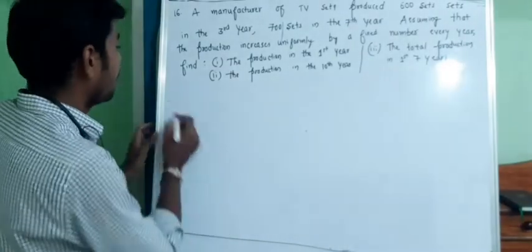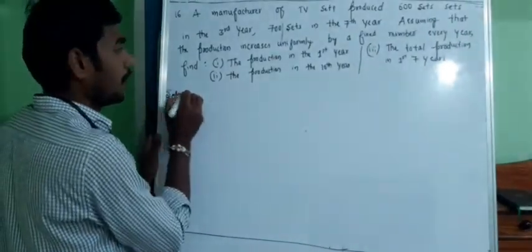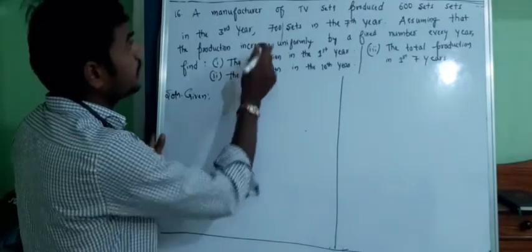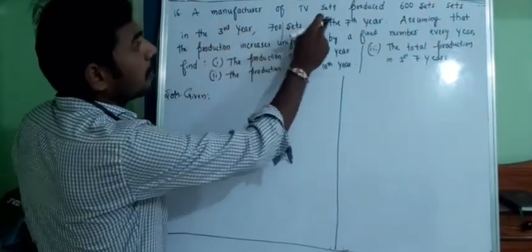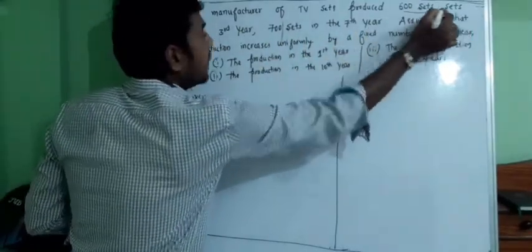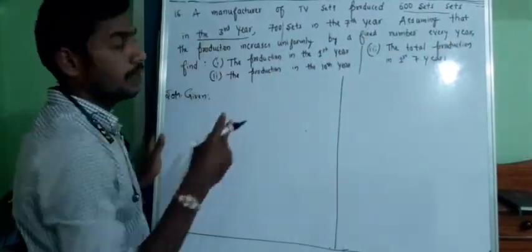Okay, now, solution. So, we'll solve first one. What is that? The production in the first year. So, before that, what is given? What is given to us? 600 sets in the third year.